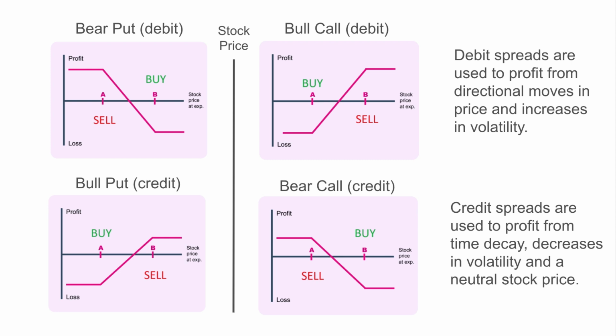So, say we are expecting a bullish move. Do we place the bull call or the bull put? Well, you could do either one, but the debit spread is going to have better upside. Let's take, for example, a $20 wide spread.